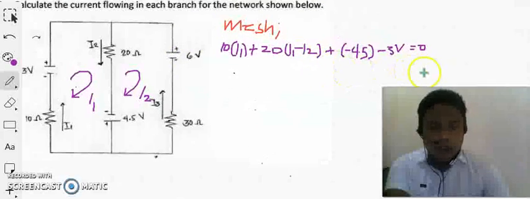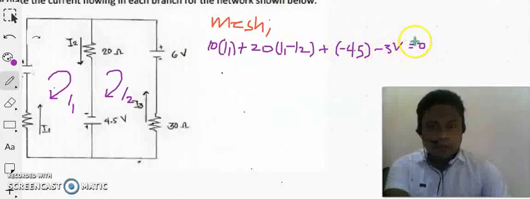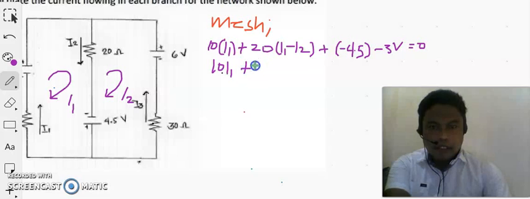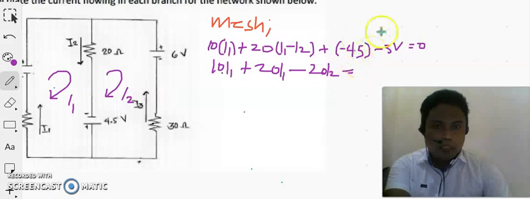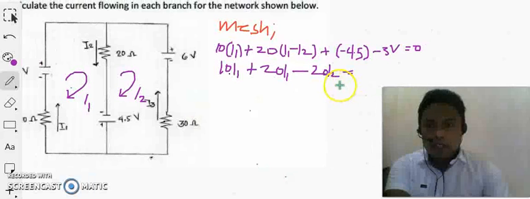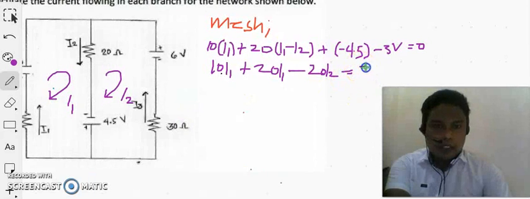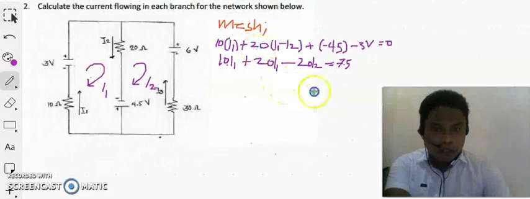And then we're going to simplify the equation. This is 10 I1 plus 20 I1 minus 20 I2. Then transposing this to the left side, we have 4.5 plus 3, so this is positive 7.5.